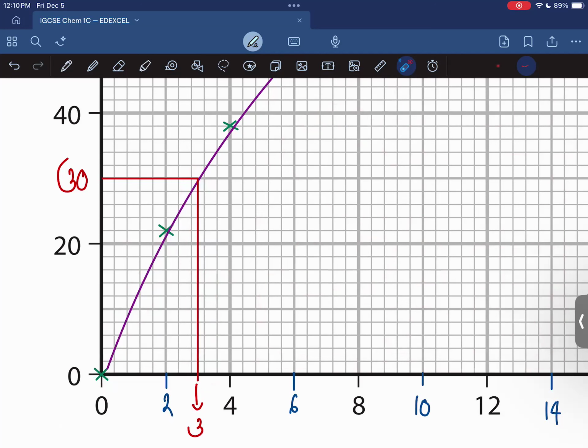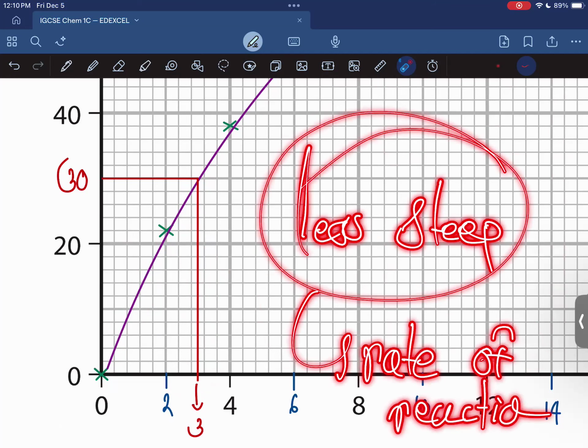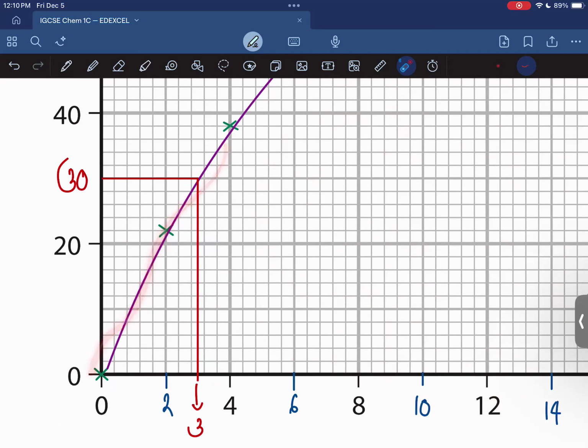So for a reaction where the concentration was half, the gradient would be less steep. Why would it be less steep? Because the rate of reaction decreases, right? So a graph whose gradient is steeper shows that the rate of reaction is high. But for a graph whose rate of reaction is slower, the graph would be less steep than this, right?